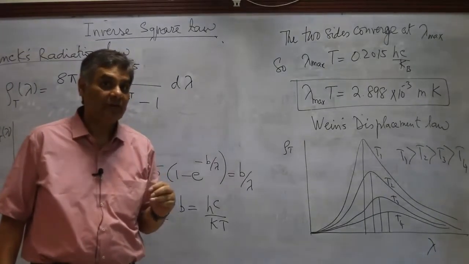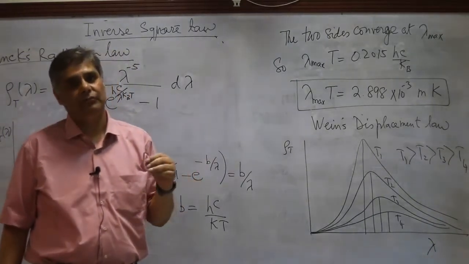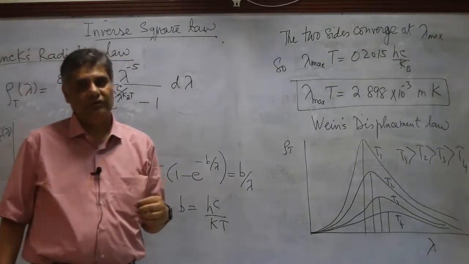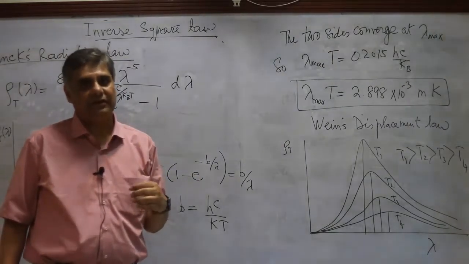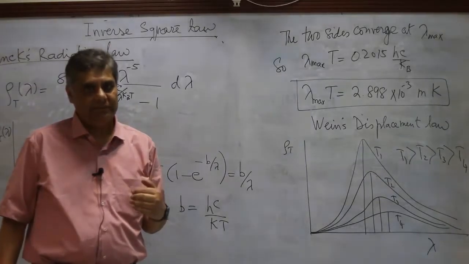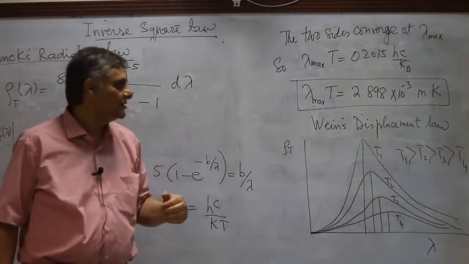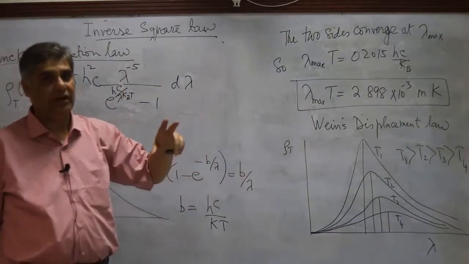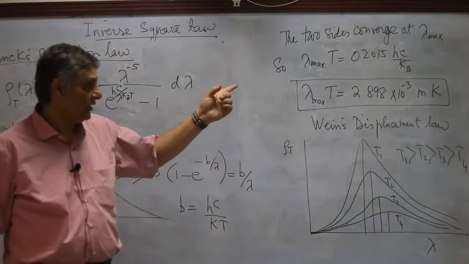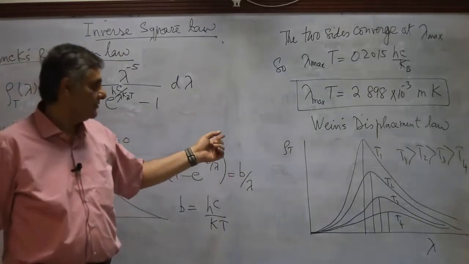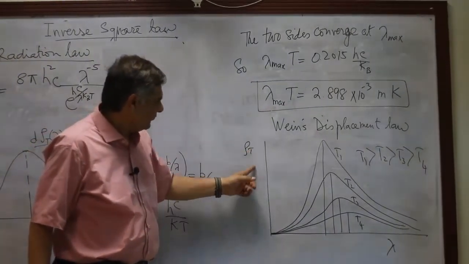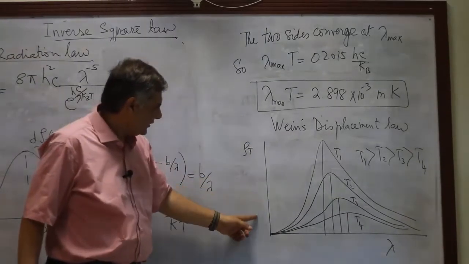Unfortunately, we don't have a spectrometer that captures the whole spectrum. I would suggest to go to the web and find out the spectra of the halogen lamp and determine the temperature using this equation, and compare it with the one which you have calculated using the electrical power and then using the Stefan-Boltzmann law. Here we have tried to sketch the displacement law.